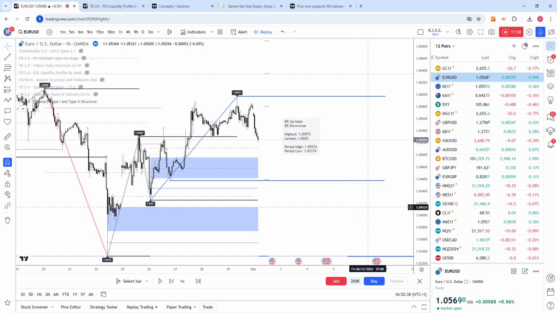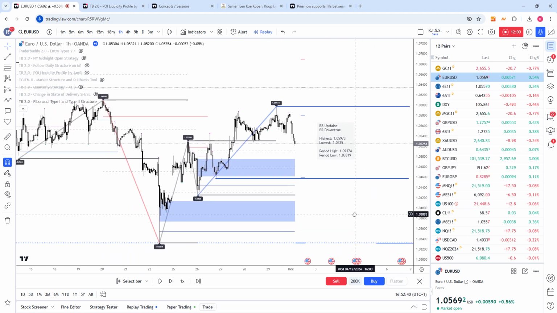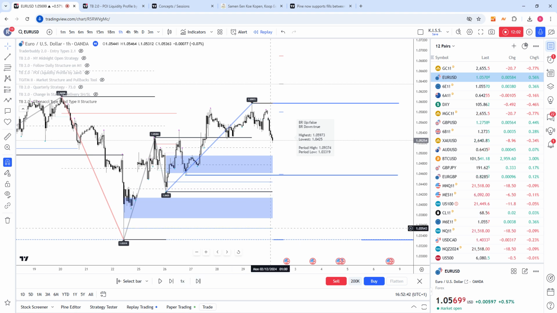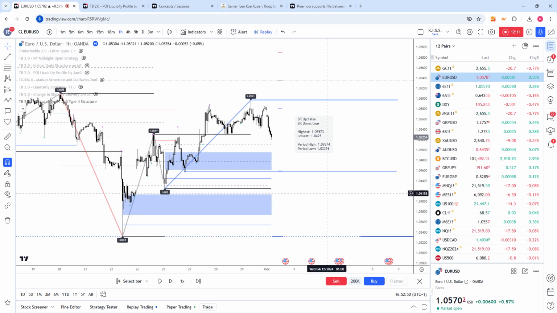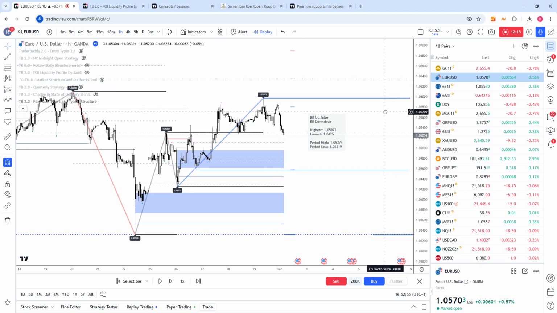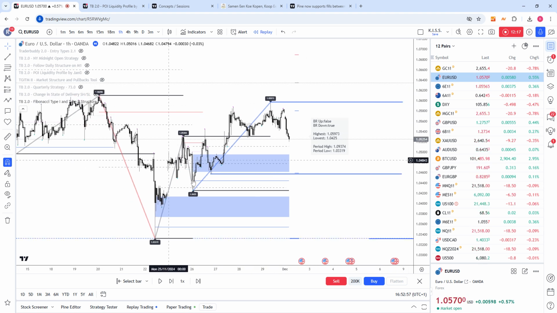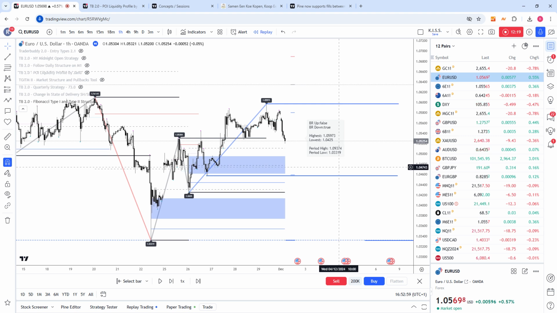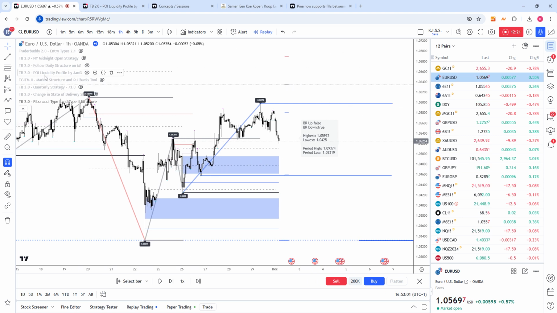But that's how you approach price, and you can do this every day, and that's what the strategy teaches you, that before you start your trading session, you're going to look at your liquidity profile. Well, this is part of your liquidity profile. You can combine it with the POI zones.